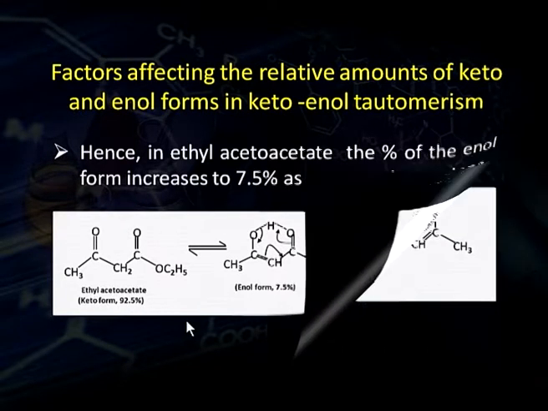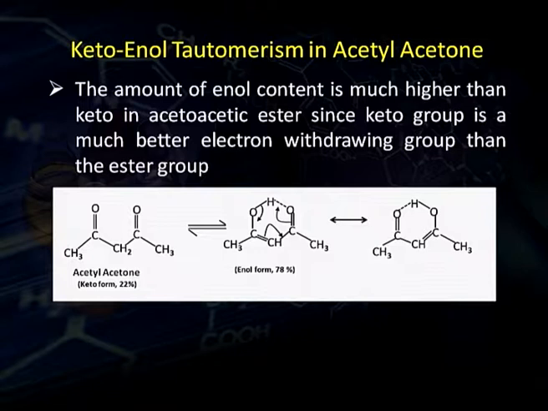92.5%. Now let us see the keto-enol tautomerism in acetyl acetone. In this example, the keto form is 22% and enol form is 78%.